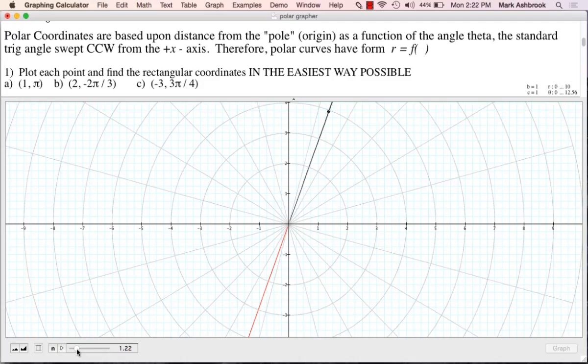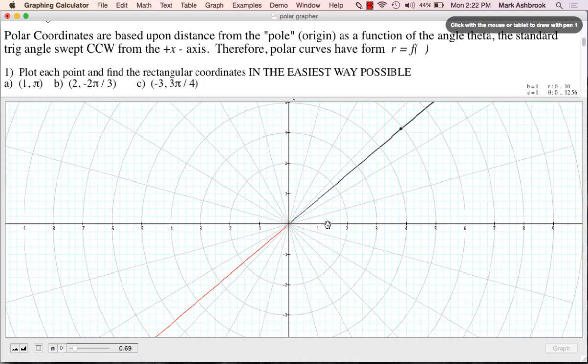So let's do an example here. So there's some angle here, right? Some angle, theta. And then once that angle is determined, that points out away from the pole in a certain direction, according to that angle theta.